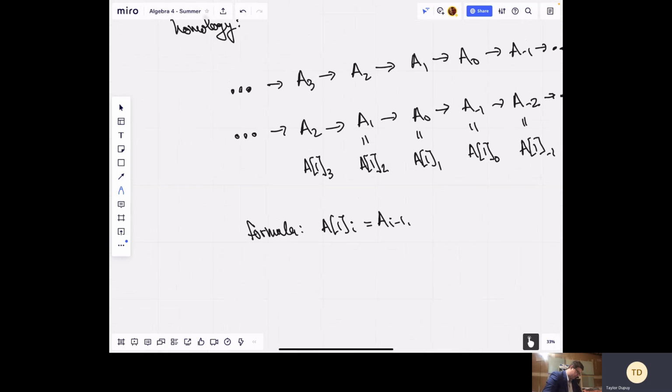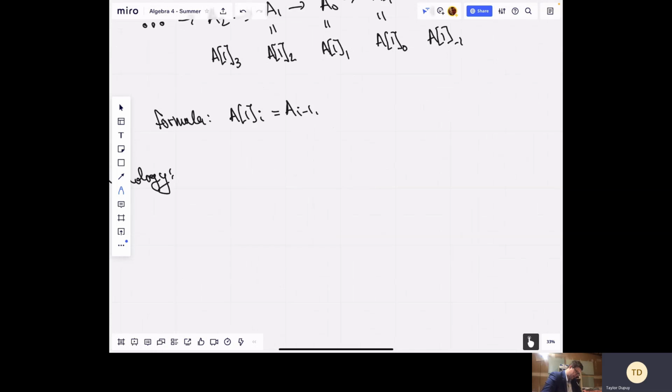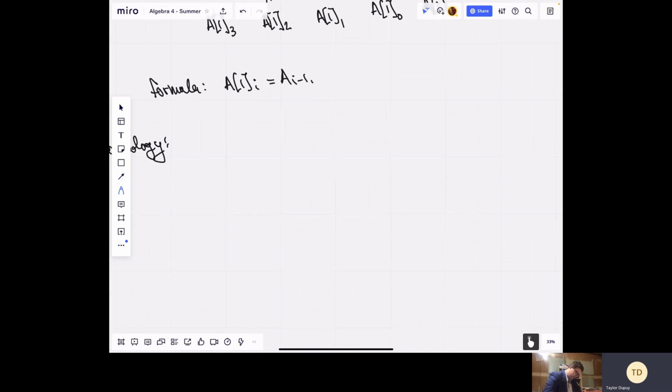For cohomology, you can figure something similar. Let's take a cochain complex. So we'll have something like A^0 to A^1 to A^2.